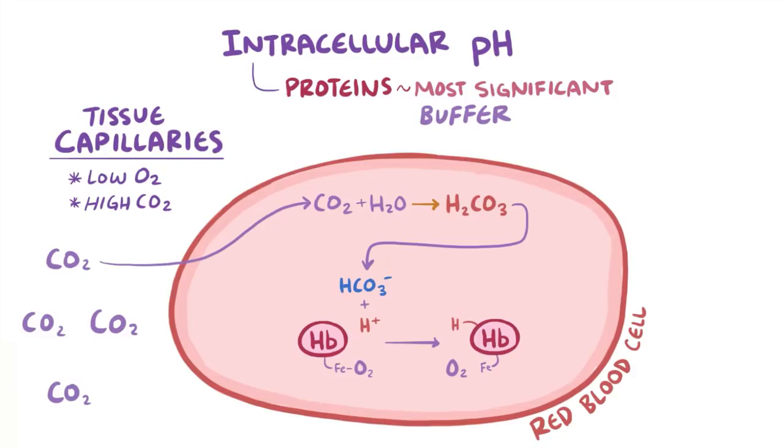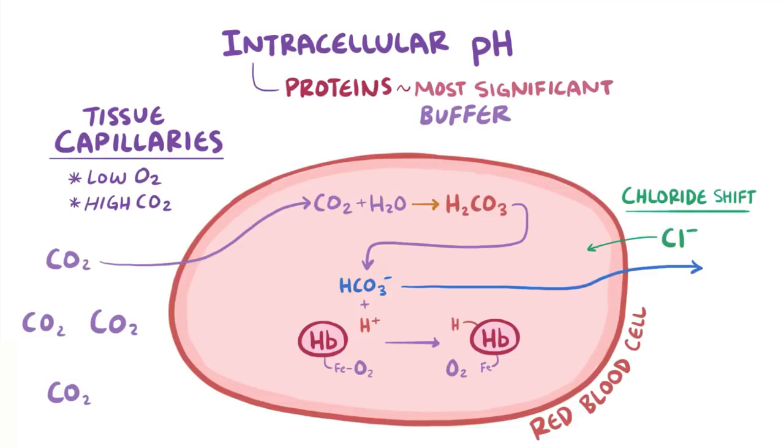Because there's so much carbon dioxide around, the reaction continues in the direction of generating more hydrogen ion and bicarbonate, and over time the buildup of hydrogen ions can cause the pH to fall. To prevent the hydrogen ion concentration from rising too quickly, each deoxygenated hemoglobin binds hydrogen ions. The bicarbonate, on the other hand, moves into the plasma in exchange for chloride ions. This exchange, called the chloride shift, keeps positive and negative charges balanced.